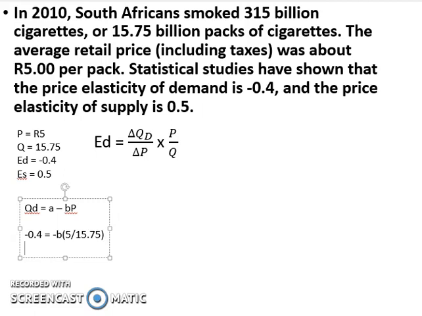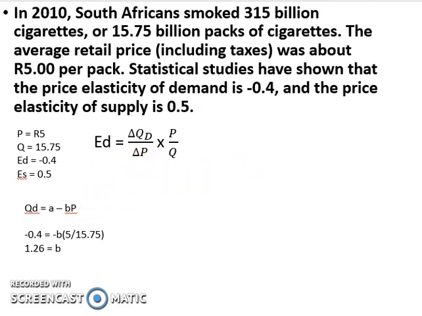So let's calculate the value for B. If we calculate the value for B, then we get an answer of 1.26 equals B. So the value of B is 1.26, so it's 5 divided by 15.75, and then we take that to the other side and we get a value of 1.26.